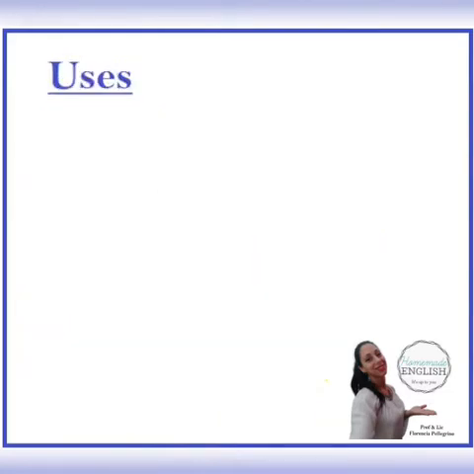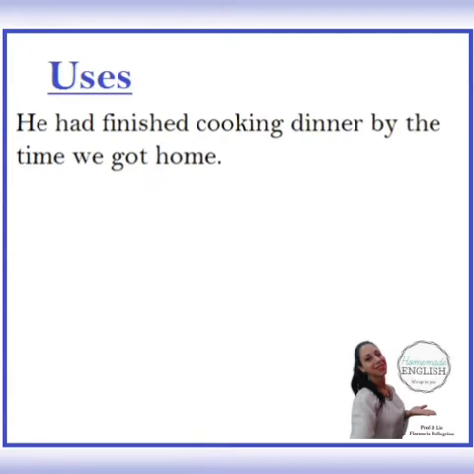Let's analyze now its uses. This example: He had finished cooking dinner by the time we got home. By this, we want to say that by the time we got home, by this time in the past, there was an action that was already finished.